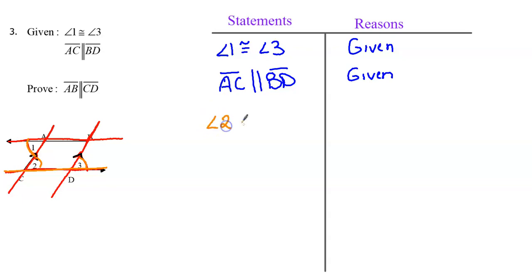So angle 2 is congruent to angle 3 by the corresponding angle theorem. I'm just going to write corresponding angles. Now, if 1 is congruent to 3 and angle 2 is also congruent to angle 3, then angle 1 is congruent to angle 2 by the transitive property.